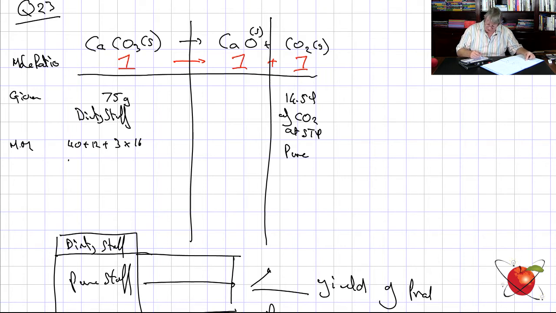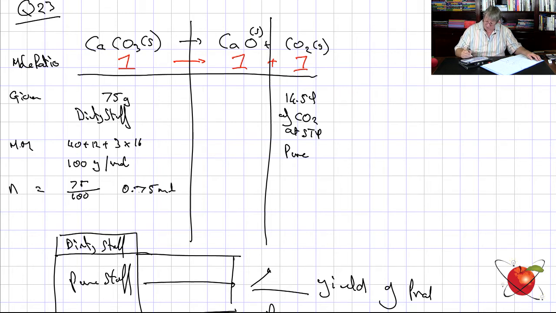That's 100 grams per mole. Now, number of moles is mass over molecular mass. 75 over 100 is equal to 0.75.